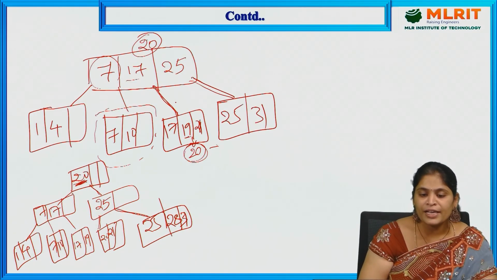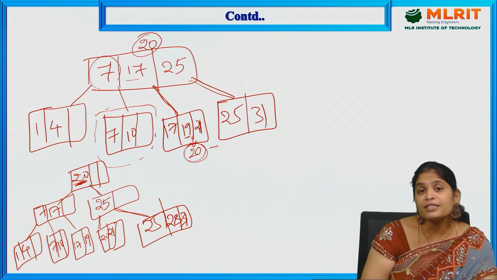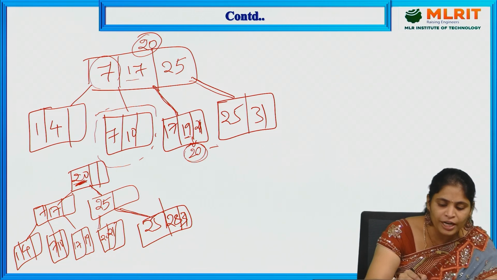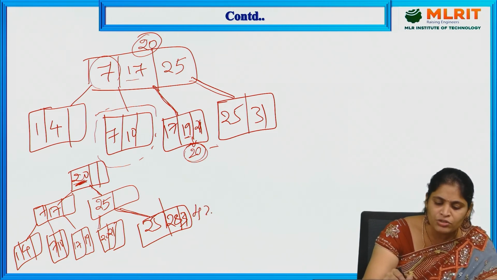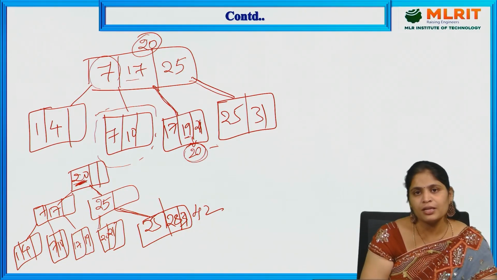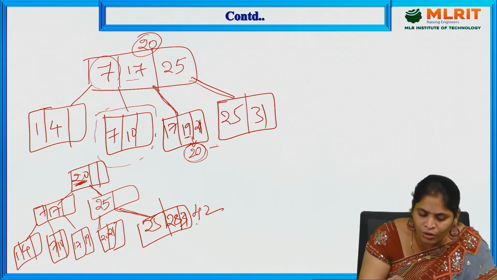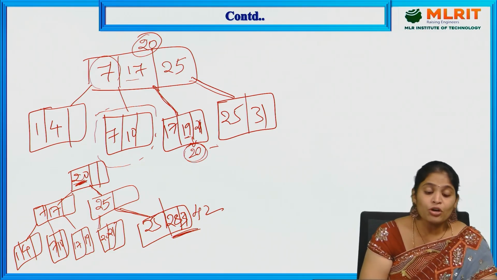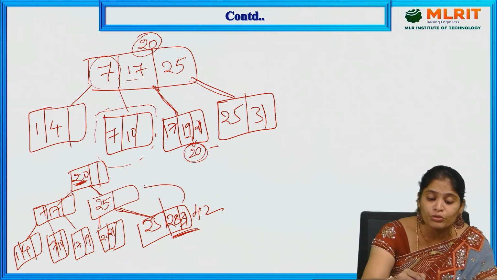Next, 42. Where should I insert 42? See, 42 is greater than 20, to the right part. 42 is greater than 25, to the right part. Here I should insert, but there is no space. Again, I need to split this node. What are the middle elements here? 28 and 31. What is the element that I should move to the index part?